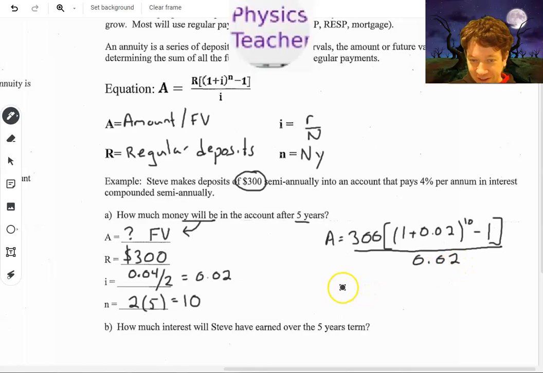And if you plug all that into your calculator, you'll get $3,284.92. All right, so that's the future value. That's how much Steve will have in their account at the end of 5 years.